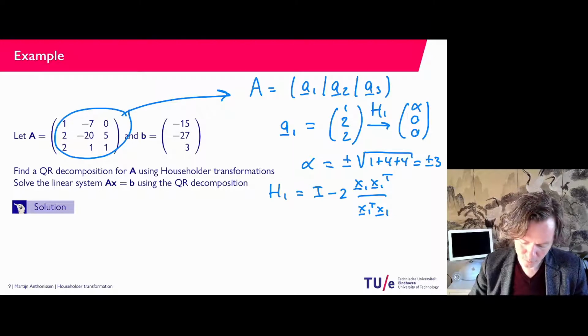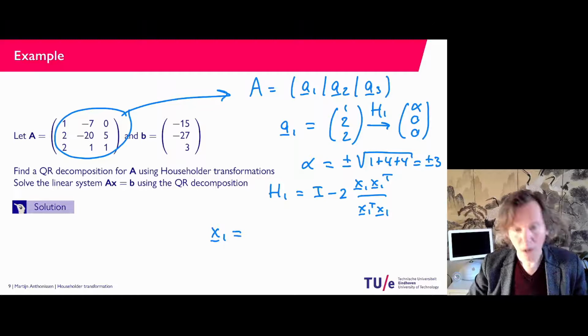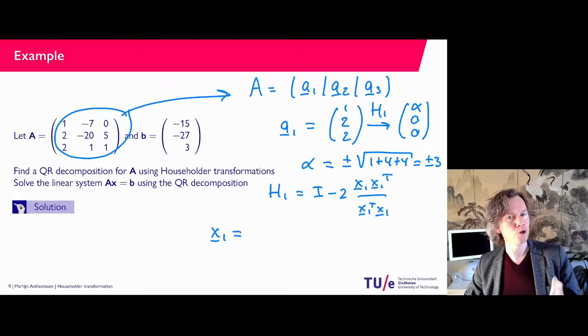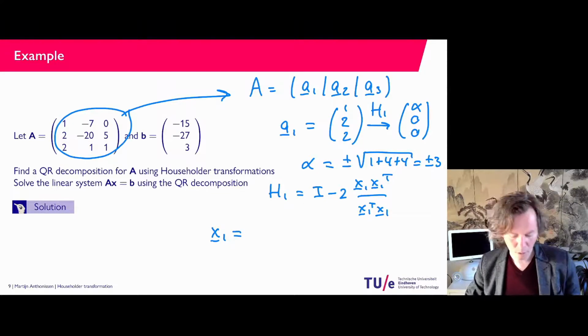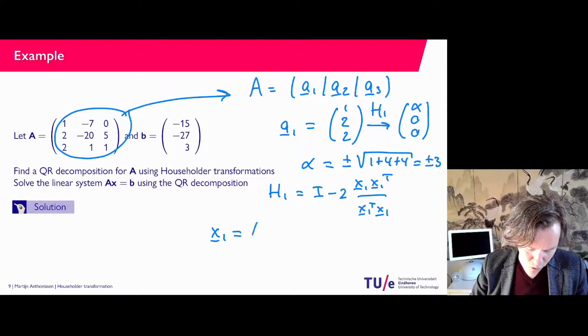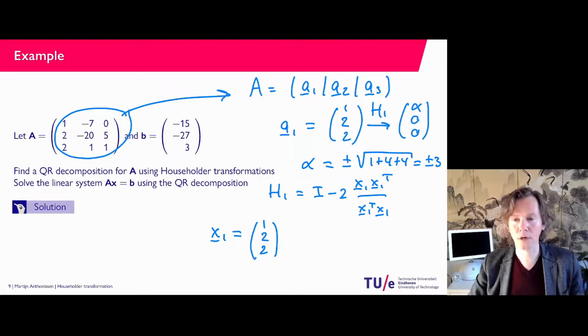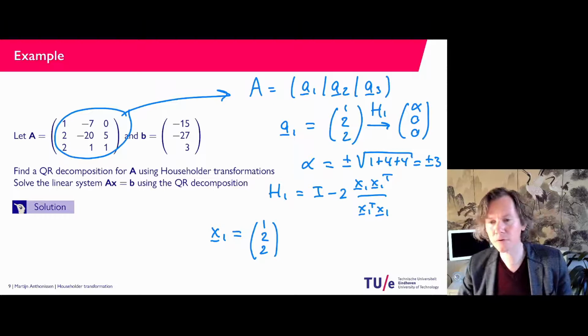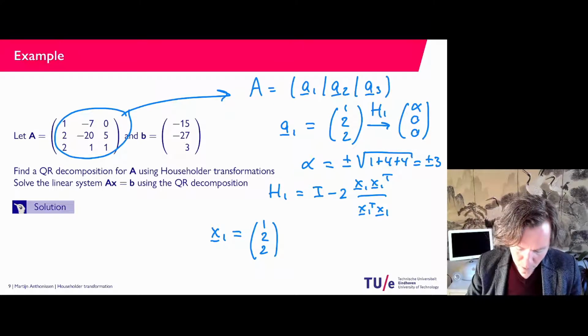And x1, as we have seen in the theorem, is U minus V, where U is your original vector, so that's 1, 2, 2, and V is minus alpha, 0, 0.